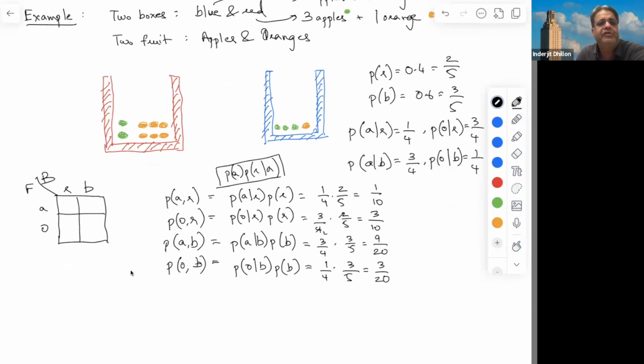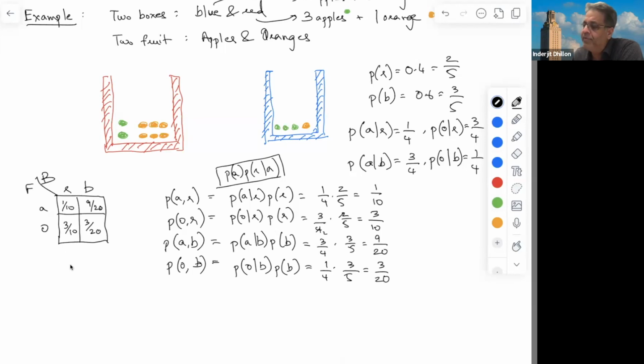So I can start filling this joint distribution table. P of A comma R is 1/10. P of O comma R is 3/10. This is 9/20. And this is 3/20. And you should verify that we were given that P of R is 2/5.